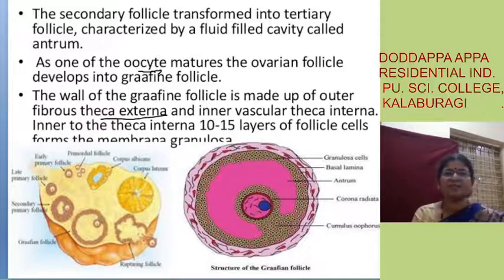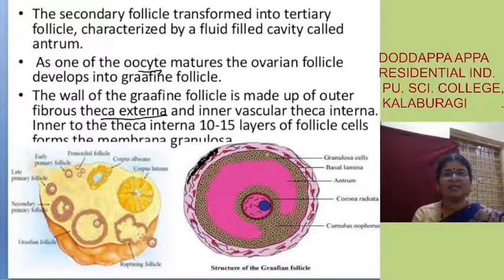It is a diagrammatic presentation, you can see. So this small portion you can say is the theca externa, which is made up of a fibrous connective tissue layer. And wherever red markings have been shown, that is theca interna, because theca interna is vascularized, that is, it has got a blood supply.